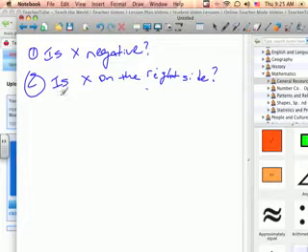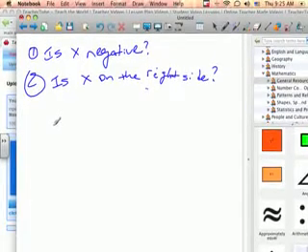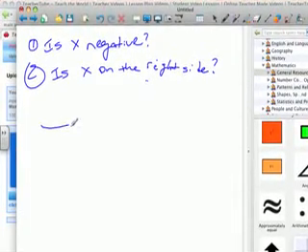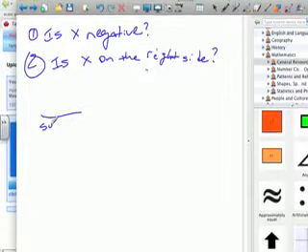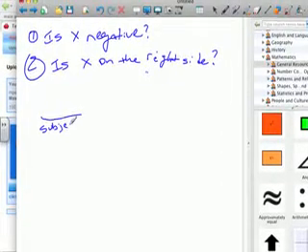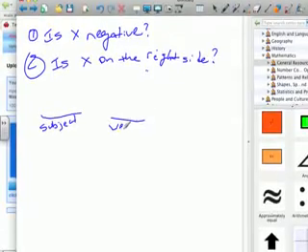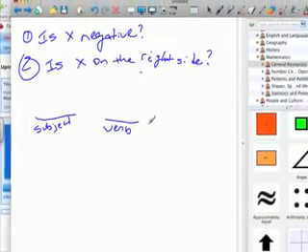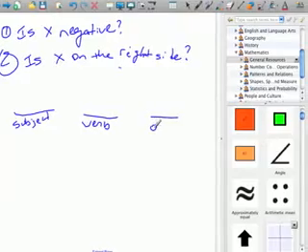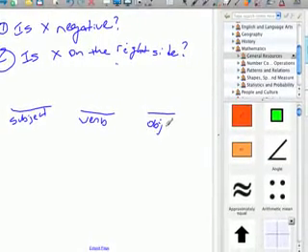If x is on the right side, that doesn't make sense because we got to go all the way back to English grammar here. I mean, keep in mind, all sentences have the same thing, right? Subject, verb, object. In this order.